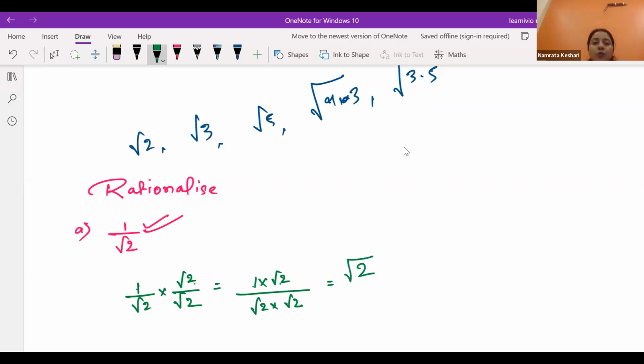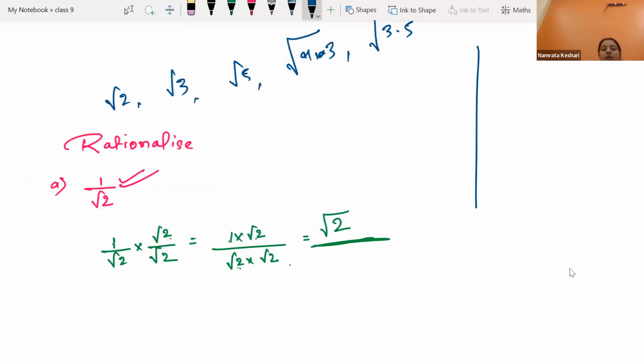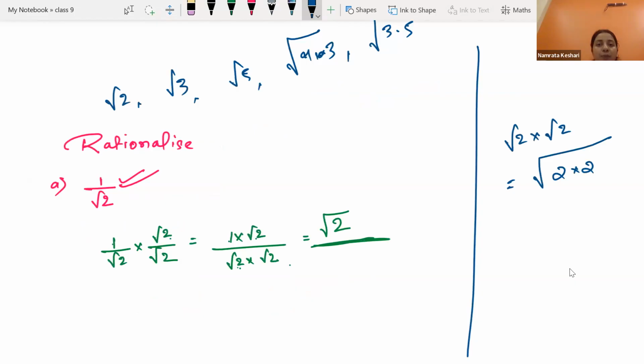And just now I told you, a square root term in the numerator is completely okay, but not in the denominator. So your denominator is root 2 into root 2. Whenever we multiply square root numbers, they come together inside one root sign. This happens in multiplication and division, and due to this, it creates a pair, and hence our final answer is just 2.